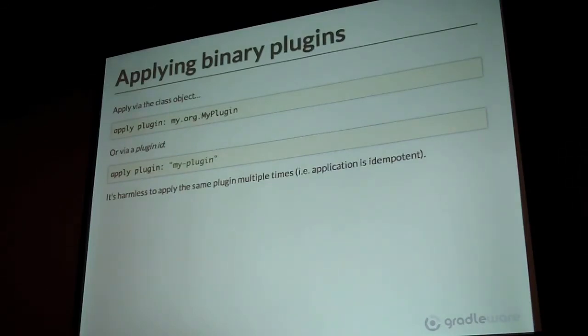If you provide that properties file with your plugin class in the jar, then people will be able to apply it like that. If you forget about it, then people will have to do it the other way, which is less nice. So when you write your own plugin class and ship it as a jar, you should always include the descriptor, the properties file, to give it a name.